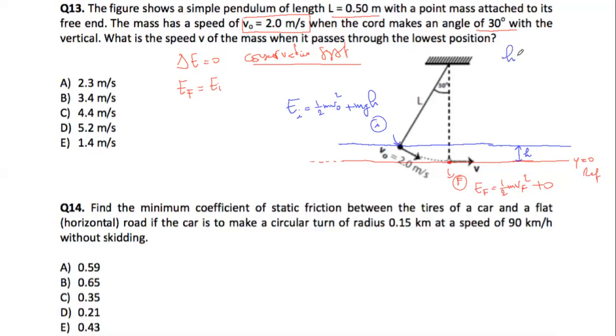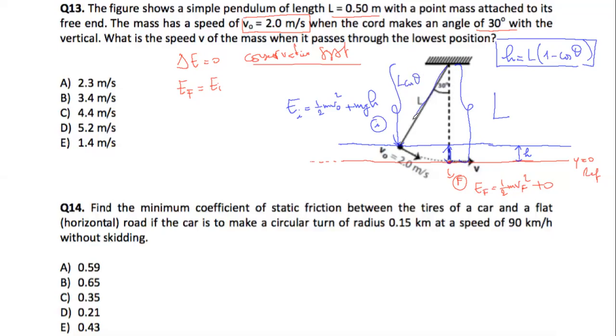We have shown that h is L (1 minus cosine theta). If you remember, in class we have demonstrated this formula. You can look at it again. If I want this h, the difference of height, I have to take this length. This length is L, and I remove this length here, which is L cosine theta.